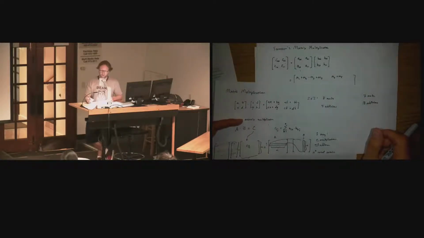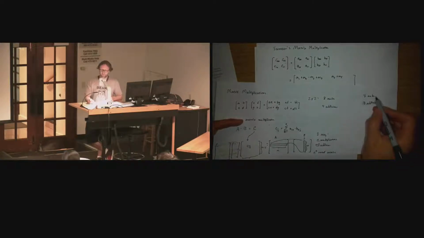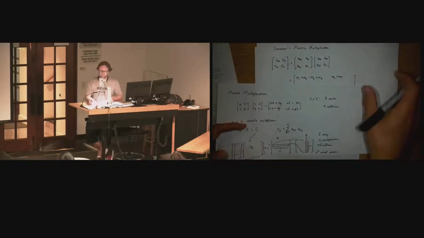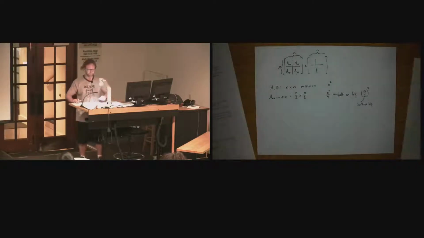I don't know. Which one of these operations in general is more expensive, multiplications or additions? Multiplications, right? So if we can save 1 multiplication, maybe that's worth paying 14 additional additions. Maybe. We need to do some analysis here.